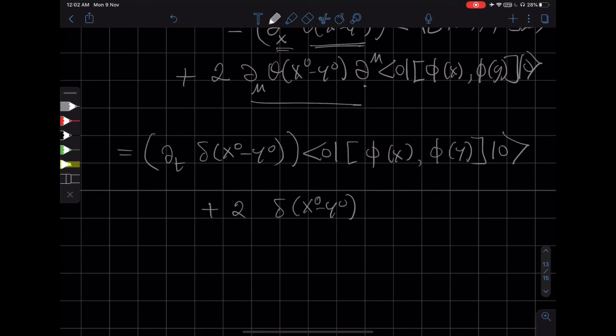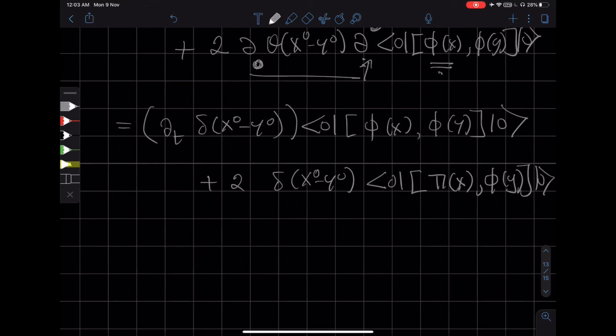And here, this del will act only on this, and this thing will only have the value 0, which means that only the derivative with respect to time will contribute. But the time derivative of the phi operator gives me the pi operator. So we have here the commutator of pi of x and phi of y.